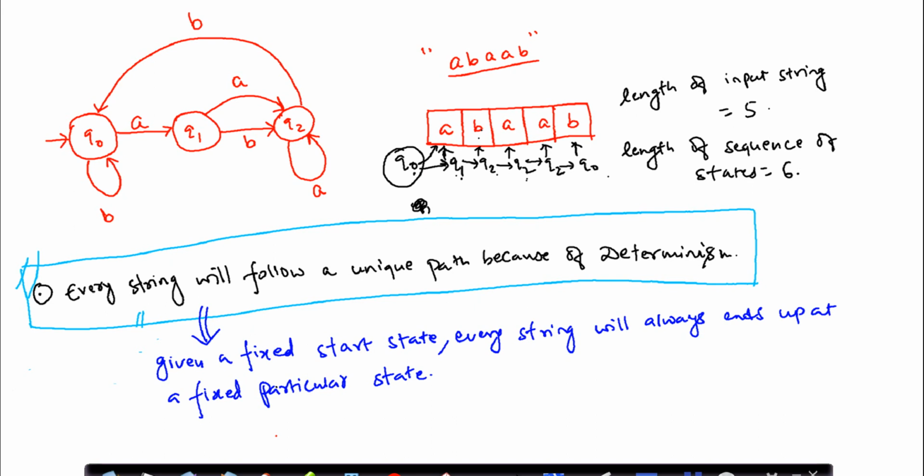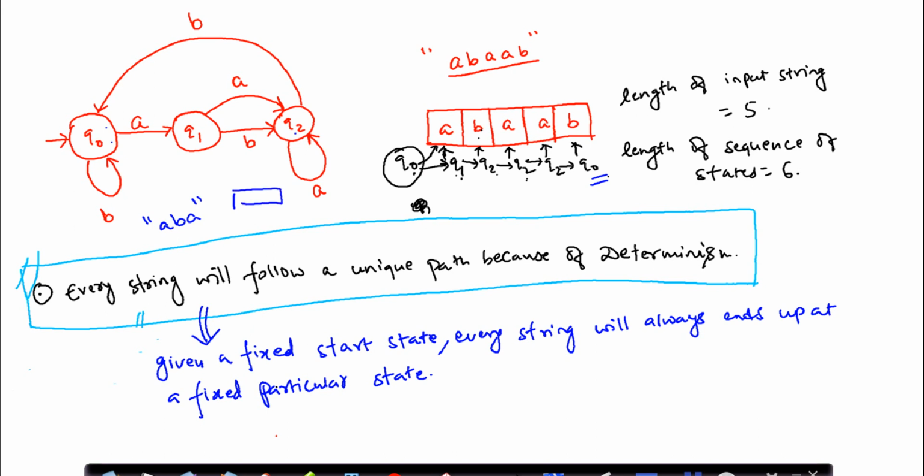For example, this string ABAAB, if it starts with Q0, it will always end up at Q0. Similarly, take another example string, ABA. If this string starts from Q0, it will always end up at Q2.